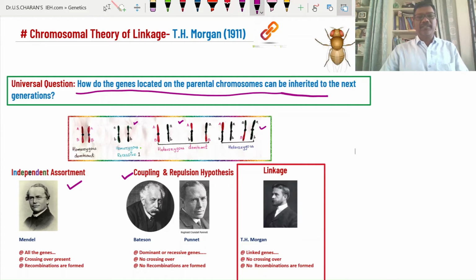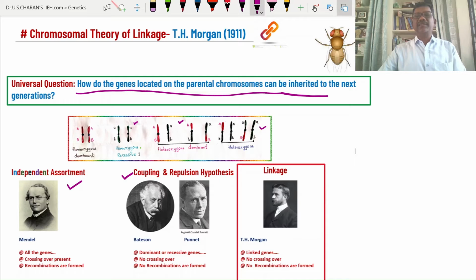If two dominant genes or two recessive genes are present on one chromosome, they couple with each other and enter into the same gamete, and they can form the parental progenies. If they are located on different chromosomes, they repel each other, so they are involved in crossing over and can form new genetic recombinations in the next generation. That is the coupling and repulsion hypothesis.